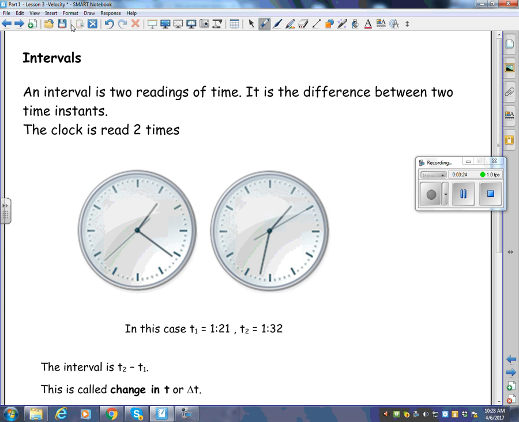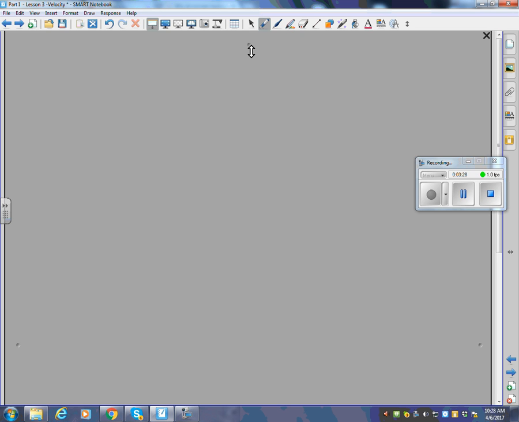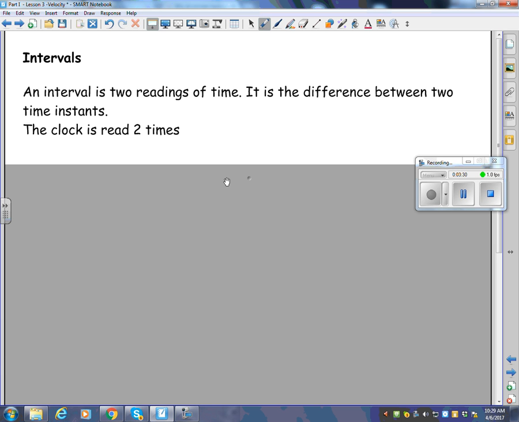What is an interval? An interval is 2 readings of time. It is the difference between 2 instants. The difference between 2 instants. The clock is read 2 separate times.